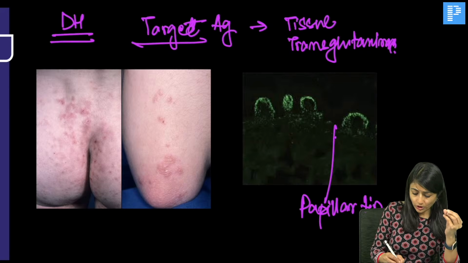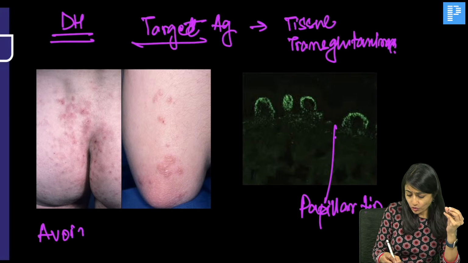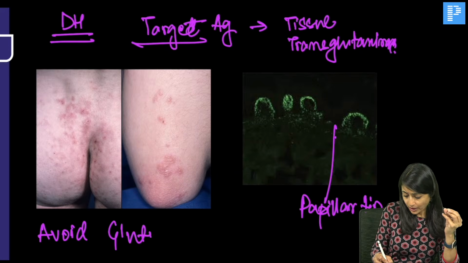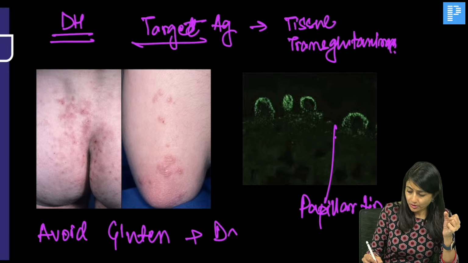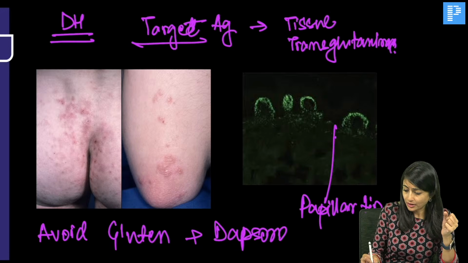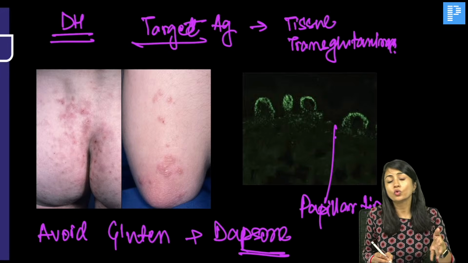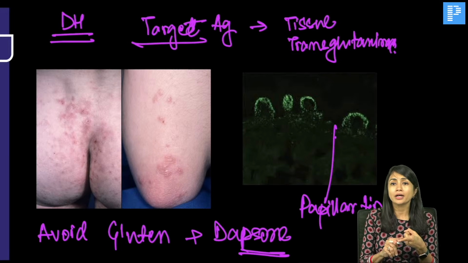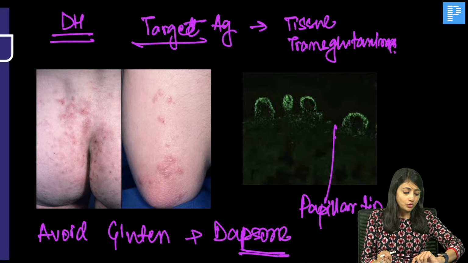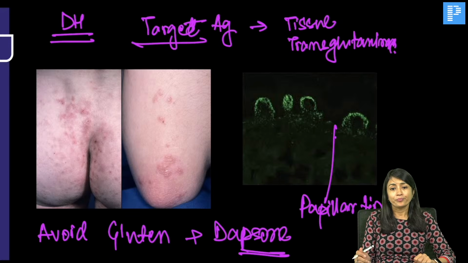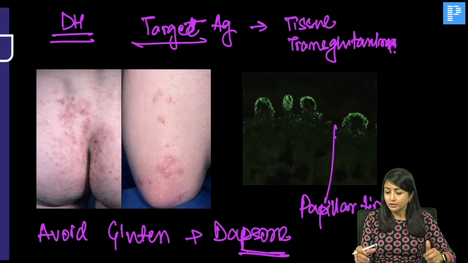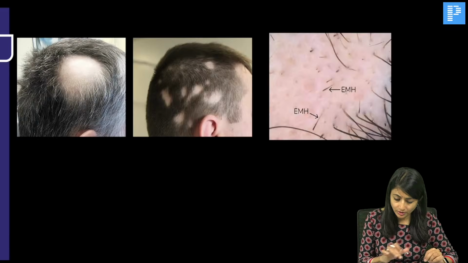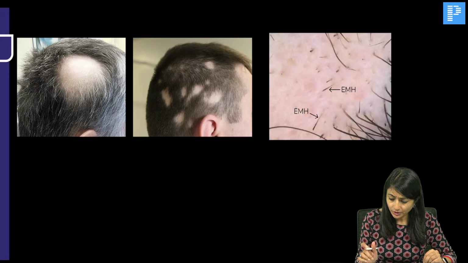You all know that you have to avoid gluten and give dapsone here. And when you avoid gluten, you avoid barley, rye, oats, and wheat, and you can give maize and rice. Clear? Easy.